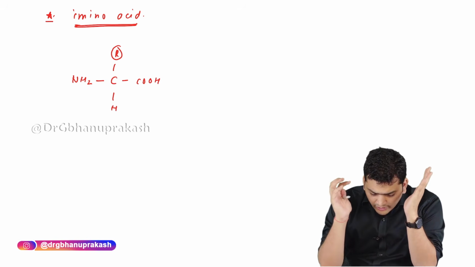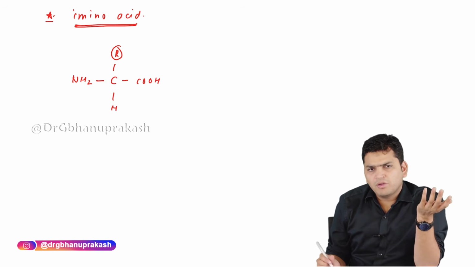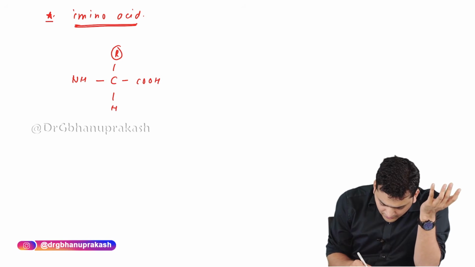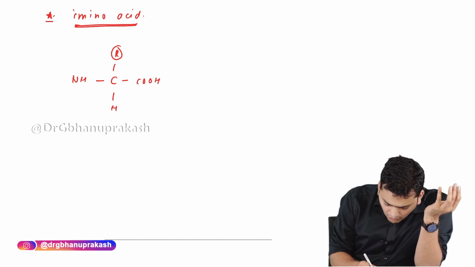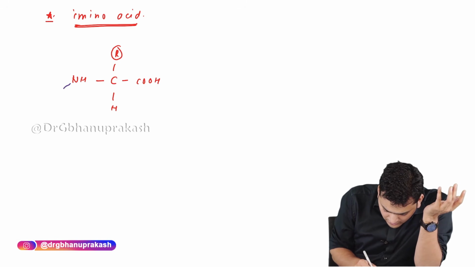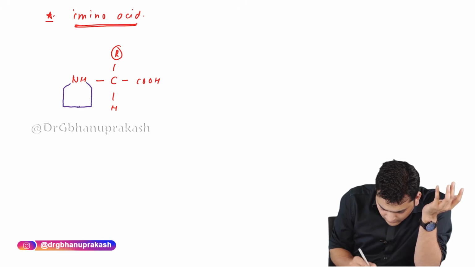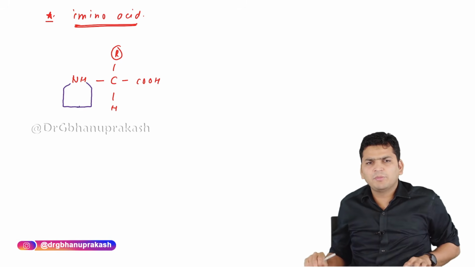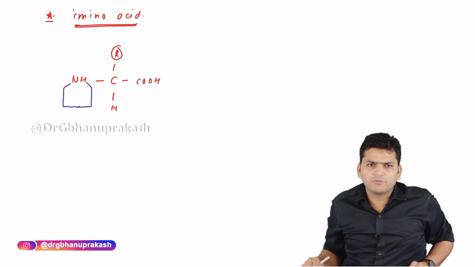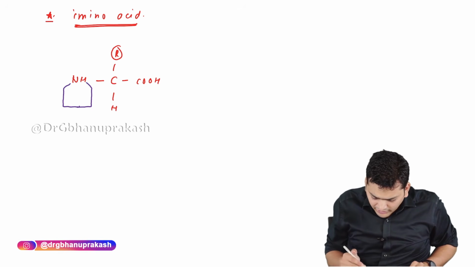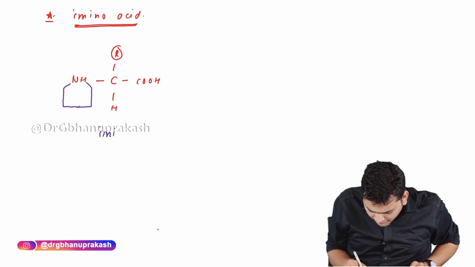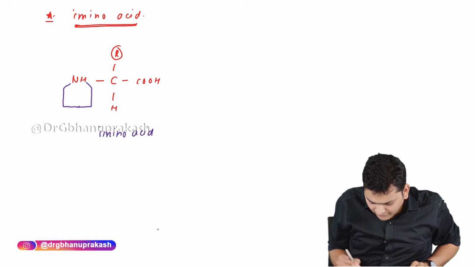But what I do is, if I alter the structure of the amino group, right now this amino group is free, but now I bind this amino group in a ring structure like this. Now you can see that I have made a ring around the amino group, right? This amino group is not free. If the amino group is not free, then this molecule is referred to as an imino acid.